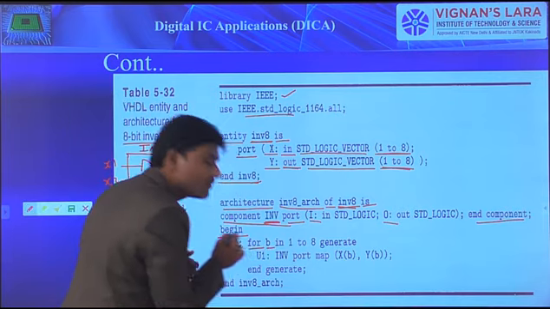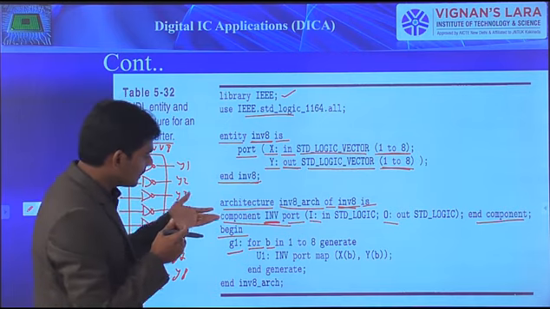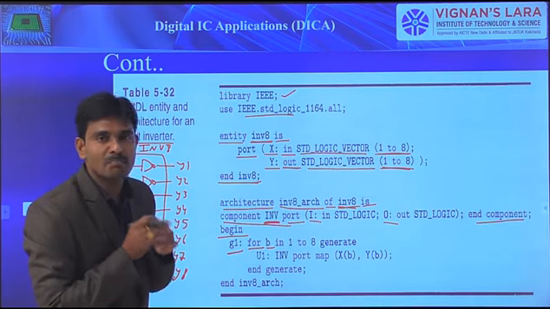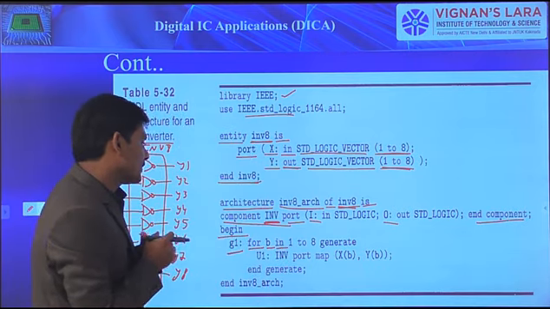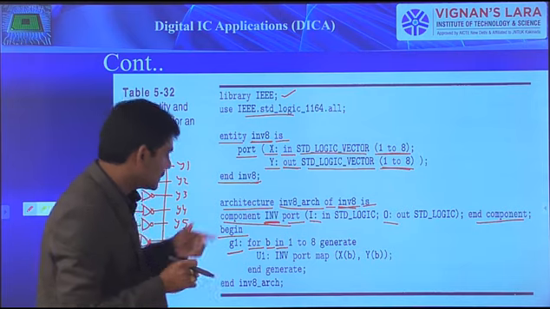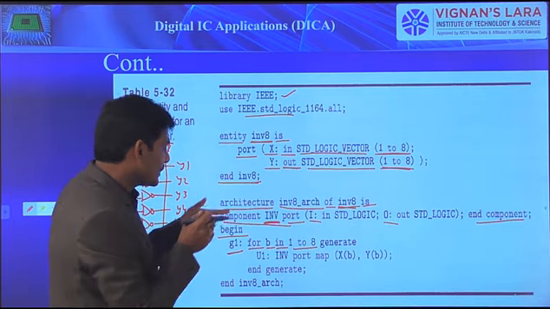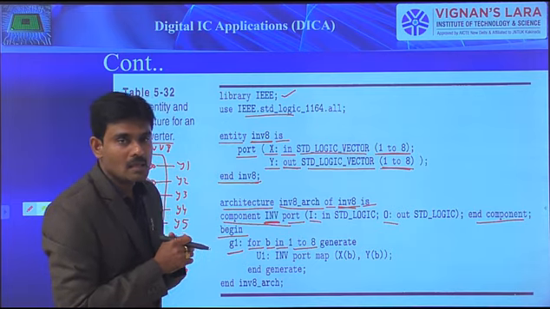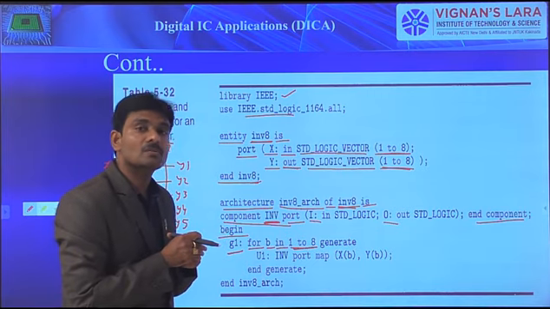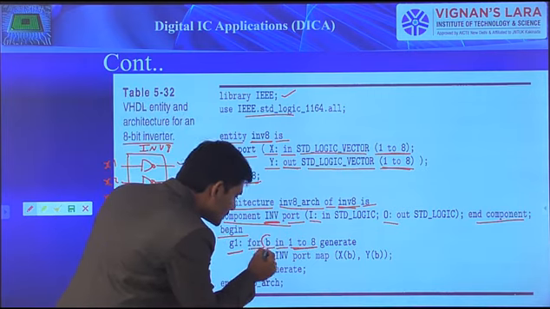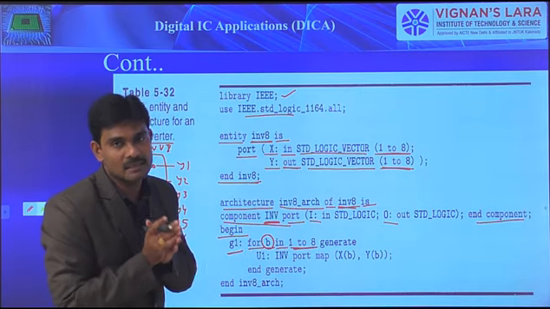Then the identifier, which is a variable; any name can be given, and here I consider the variable name as B. Then the keyword in, and here we mention the range, 1 to 8. That range belongs to integer, so this variable is implicitly declared as type integer.